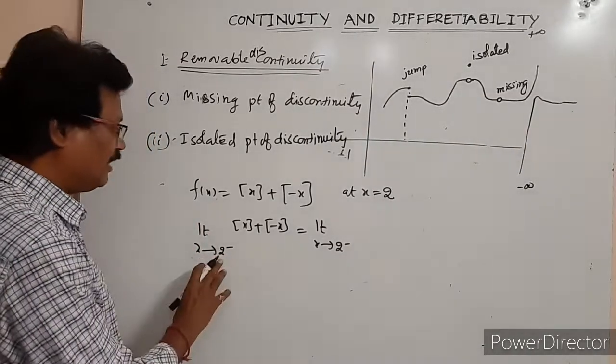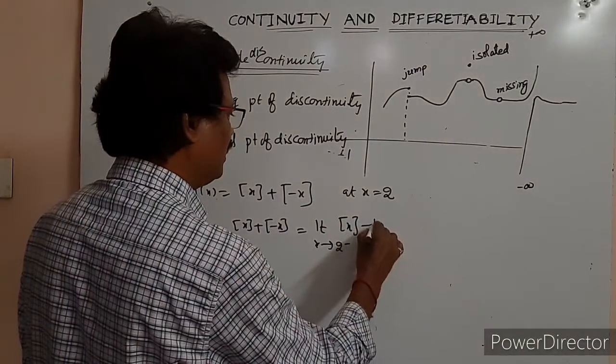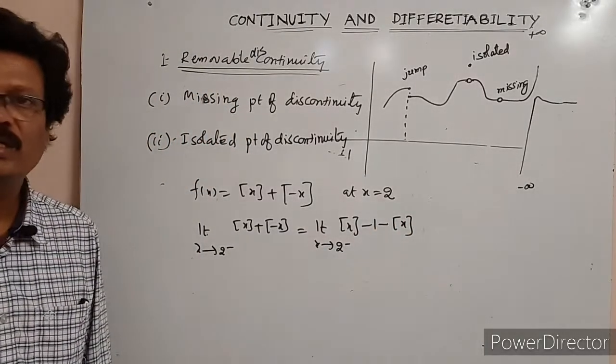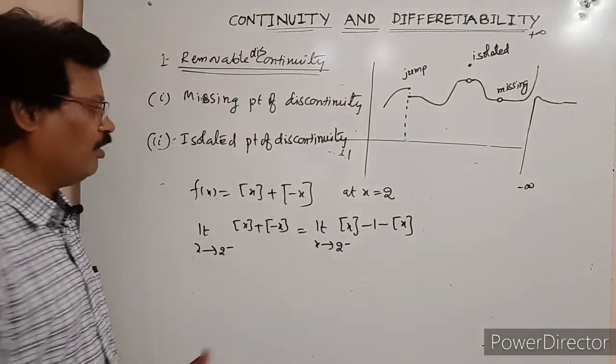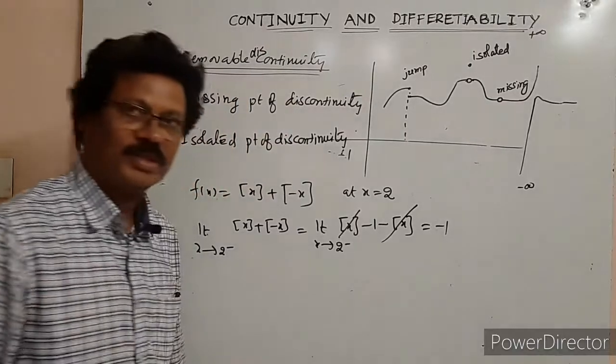If x is a non-integer, step of minus x will be written as minus 1 minus step x. Now step x will be cancelled, and the limit is minus 1.